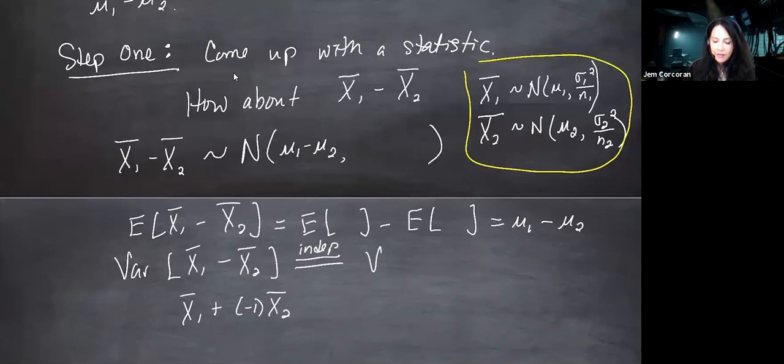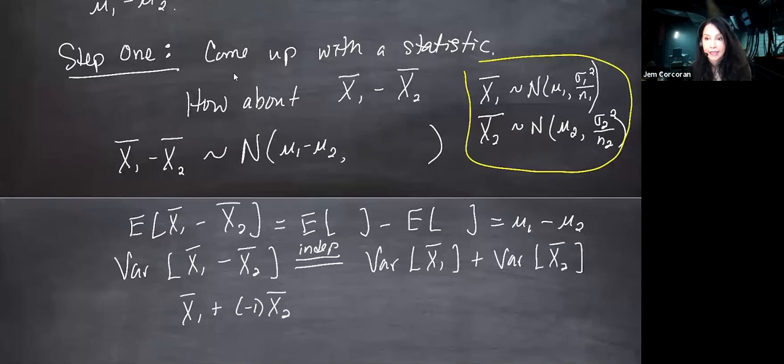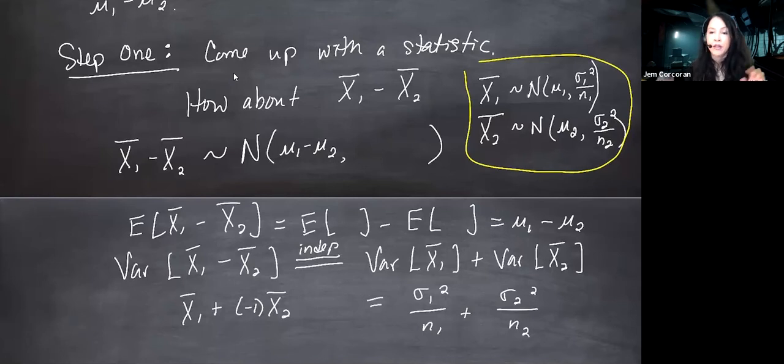So we're going to get the variance of x1 bar plus the variance of x2 bar. And we know these. This is sigma 1 squared over n1 plus sigma 2 squared over n2. And in this simple example, those sigmas are known to us.